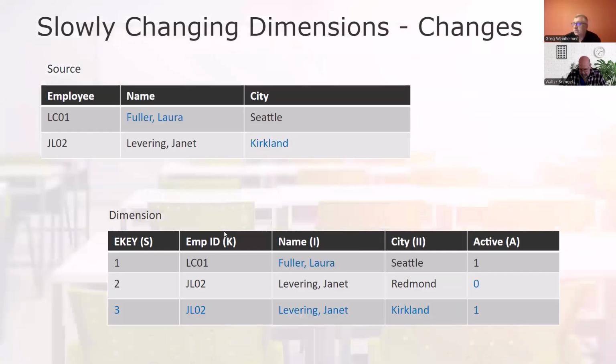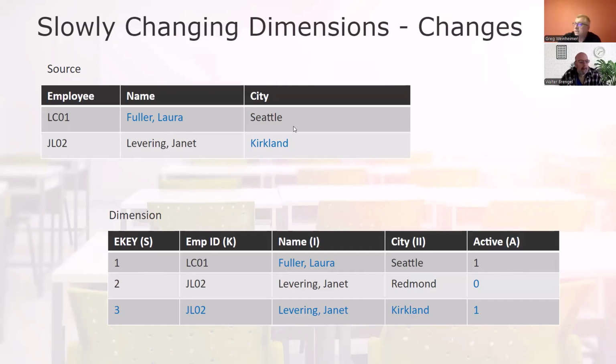Now, when you do subsequent loads, what you'll see is these two records are being processed and this name changed for this record. When that name changed, it's an SCD type 1, so it's something where we're not trying to keep history for it. So it'll just literally write right over or update that record and keep that record active.